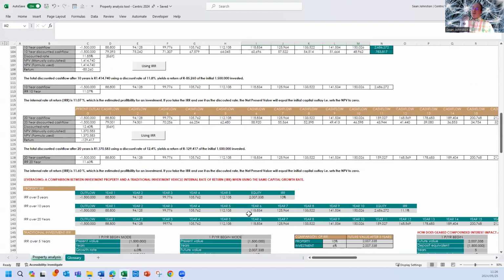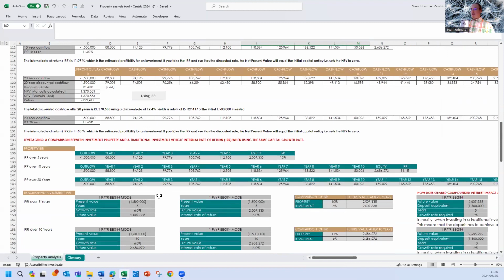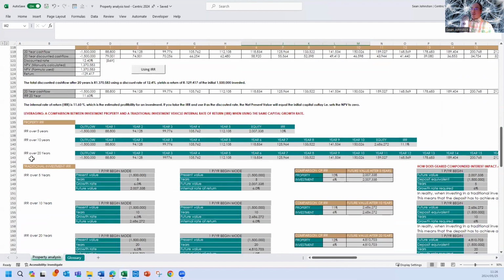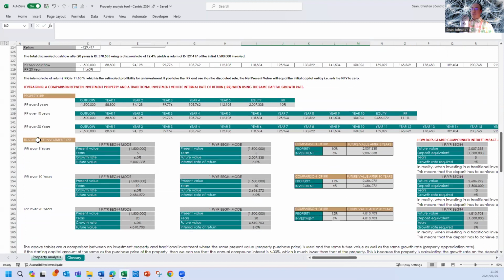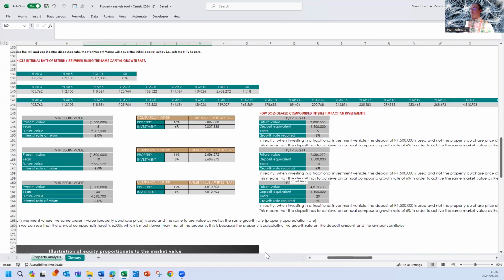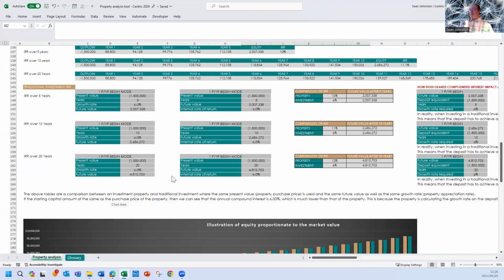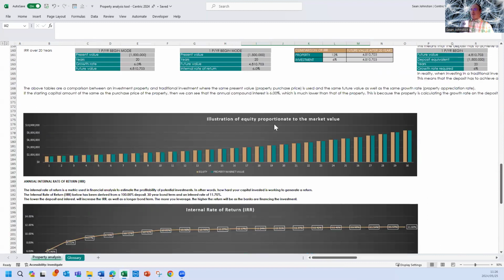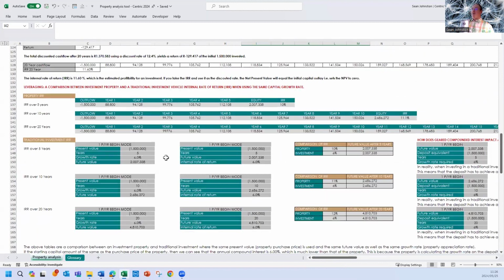There are further calculations over here, which is really just working out the intended return as a snapshot over 5, 10, and 20 years. And then obviously traditional investments, this just shows you how to work out the intended return and the equivalents over here. This I'll let you read through. There are 2 graphs over here illustrating the equity proportionate to market value.